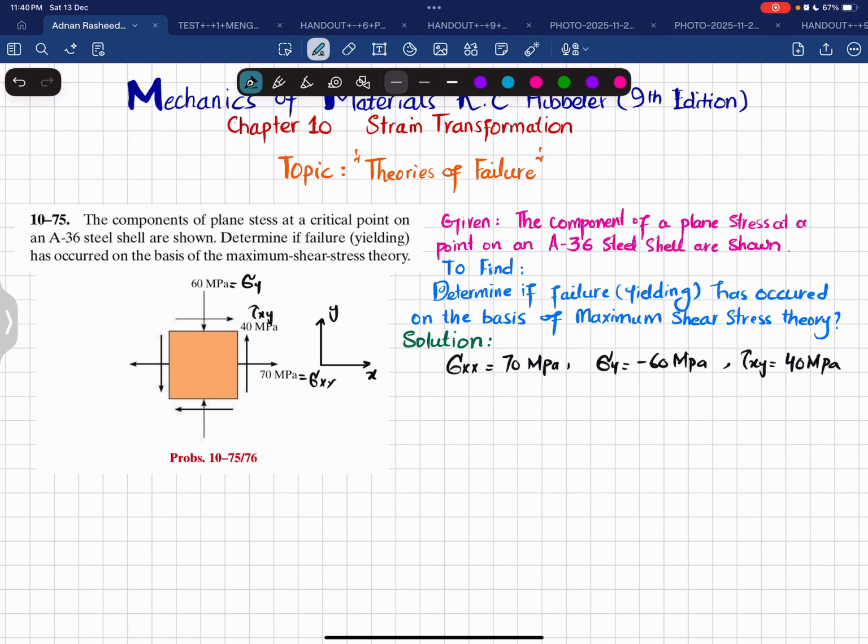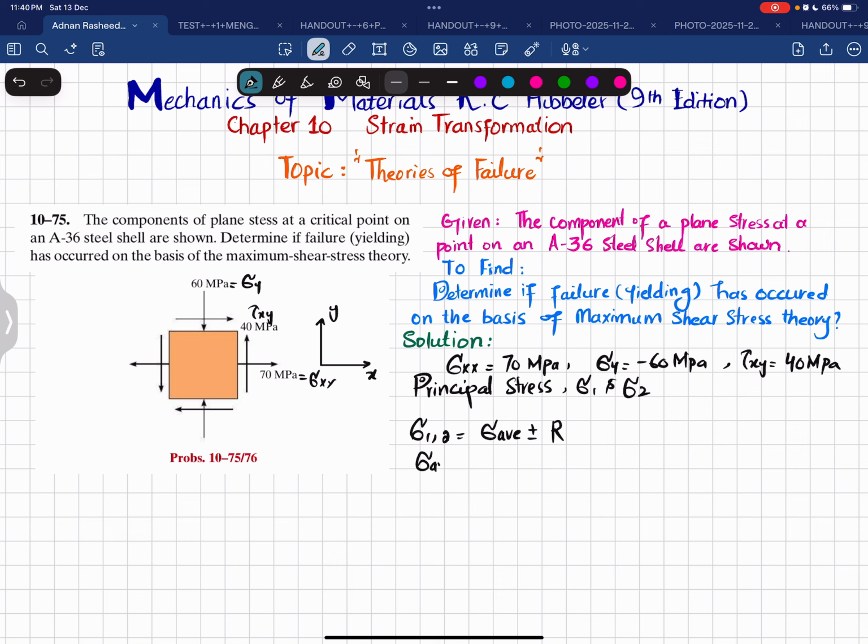Okay, now we have all these values, so we will first find the principal stresses. The principal stresses sigma 1 and sigma 2 can be obtained by using this equation, which is sigma average plus minus R. Now what is sigma average?